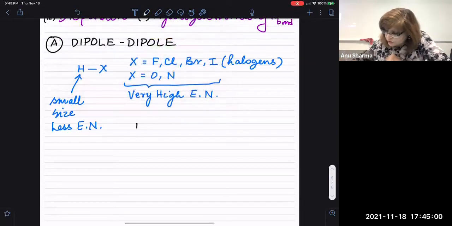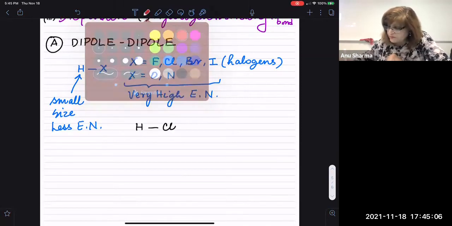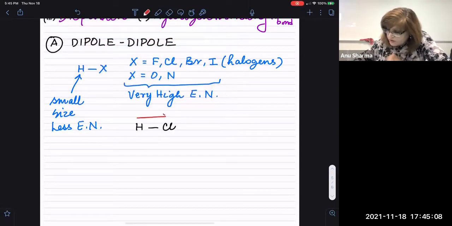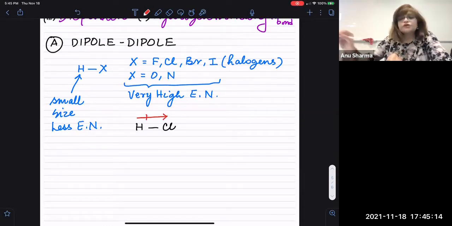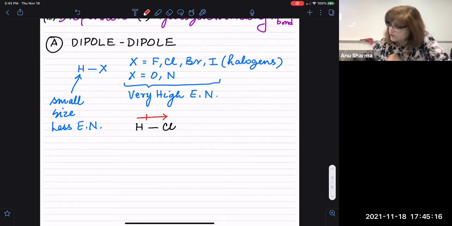Here is this hydrogen, and this is, let's say, chlorine. So we see that chlorine, being highly electronegative, pulls the electron clouds towards itself. And so the electrons that were being shared between hydrogen and chlorine, chlorine pulls that shared pair of electrons also towards itself.